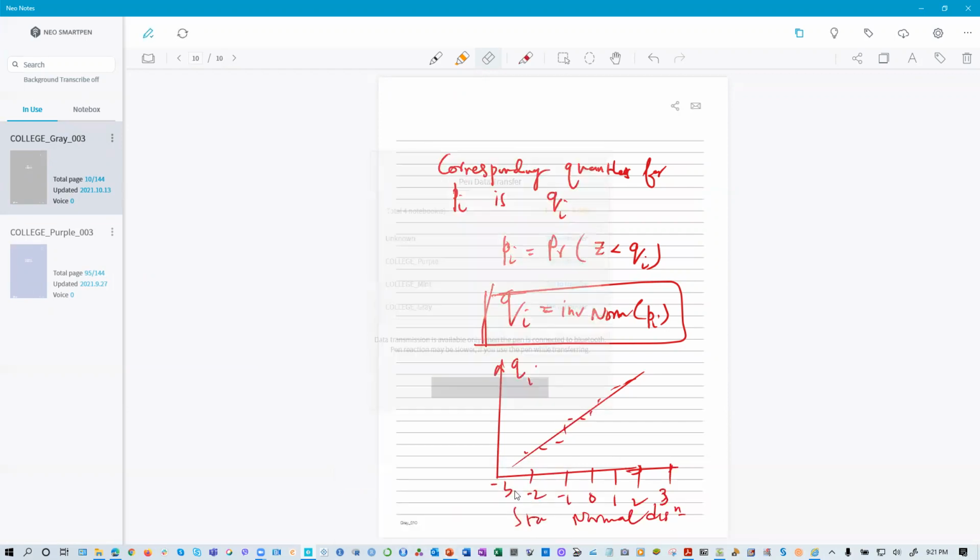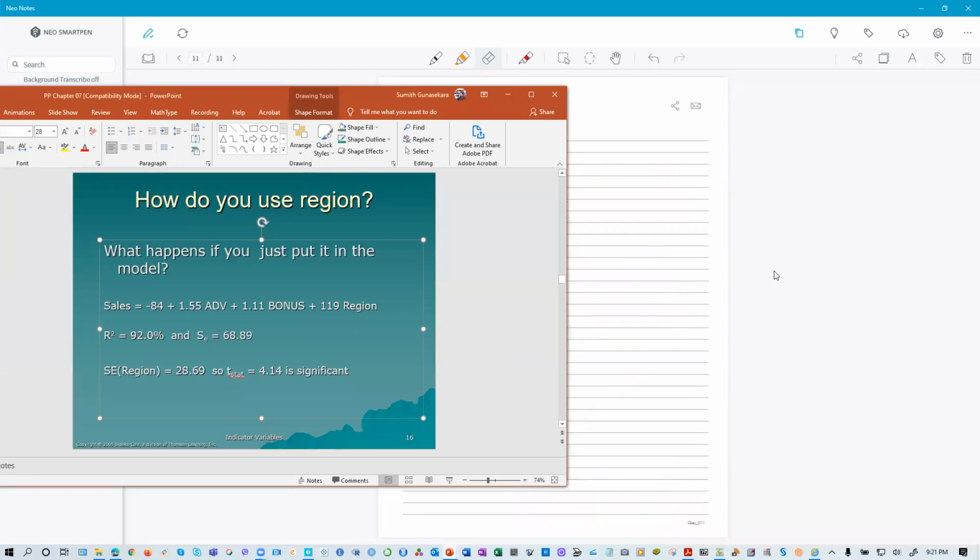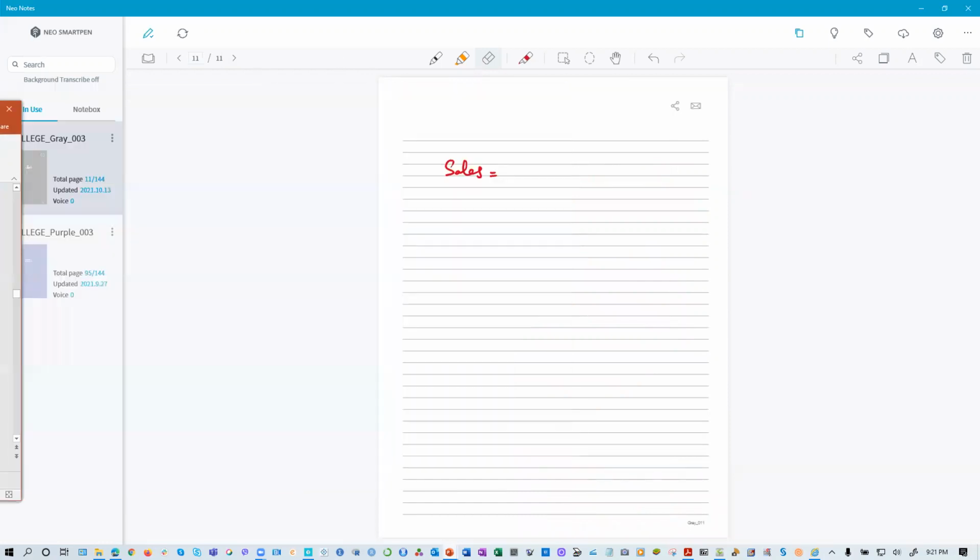Sales equals B naught, okay, I can write the original one, the expected value of sales, that's how it should work: B naught plus B1 times advertising plus B2 times bonus plus B3 times region.